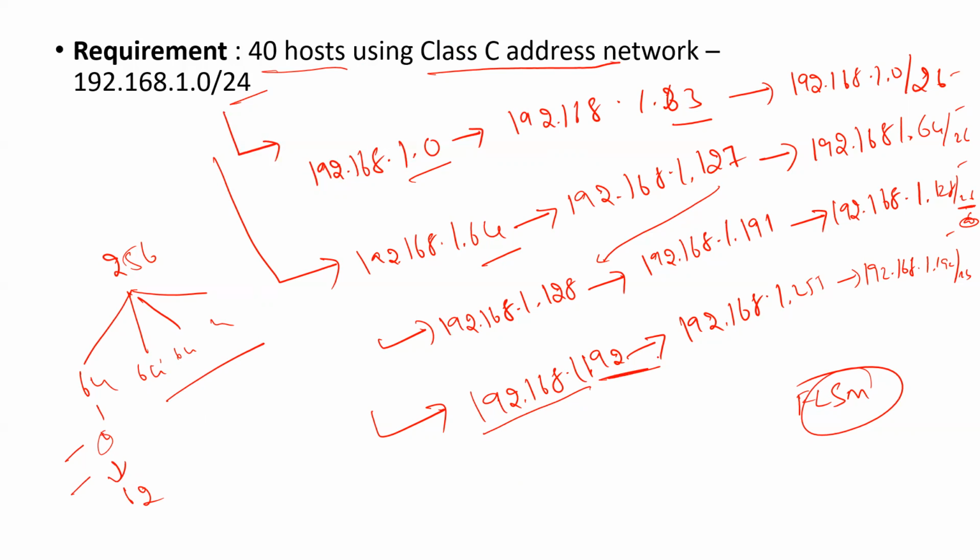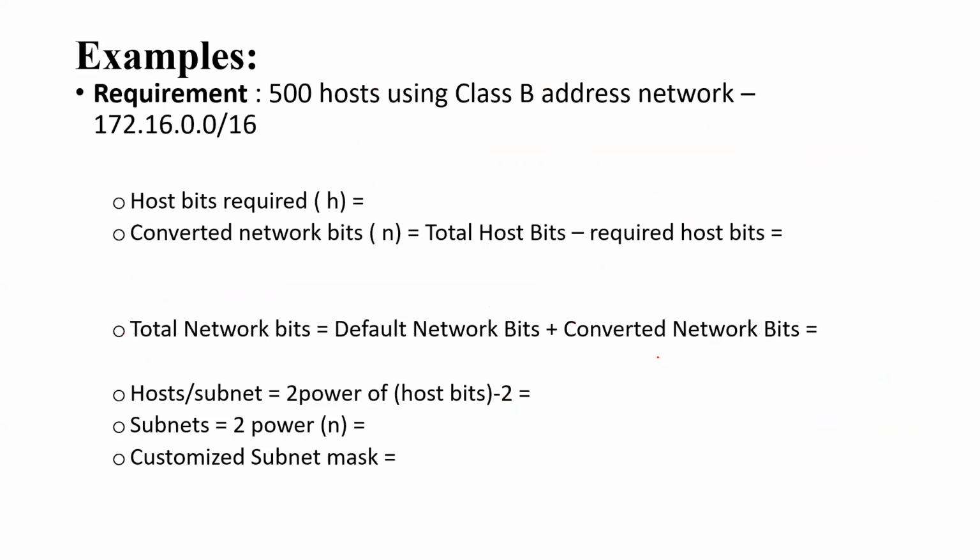Okay, let's go further with another requirement. Here they're asking for 500 hosts using class B. Class B is nothing but the first two octets network and the other two host, right?